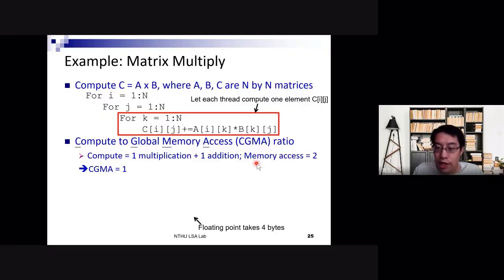For global memory access, we assume all the data is stored in global memory, so the memory access is also two, because you have to read one element from matrix A and another element from matrix B. As a matter of fact, you also have to write one element to the C matrix, but because read and write bandwidths are separate on the GPU, you only need to count either read or write.